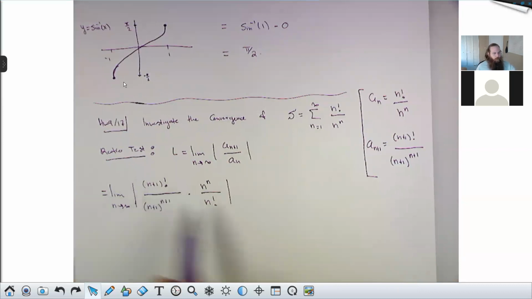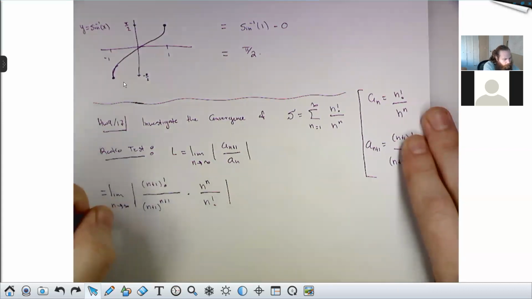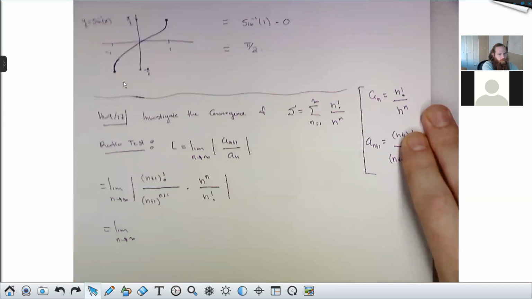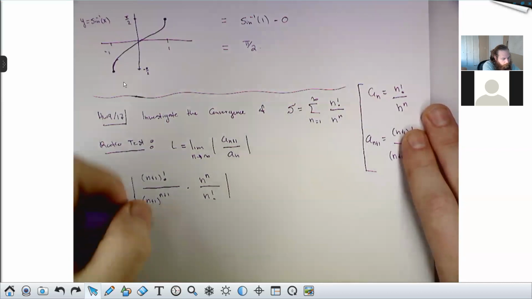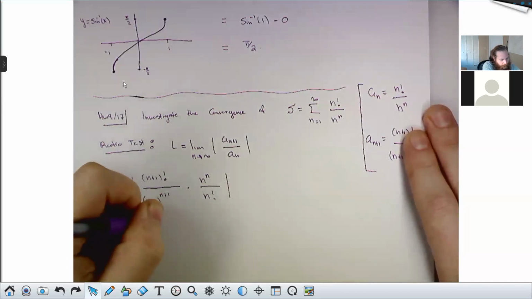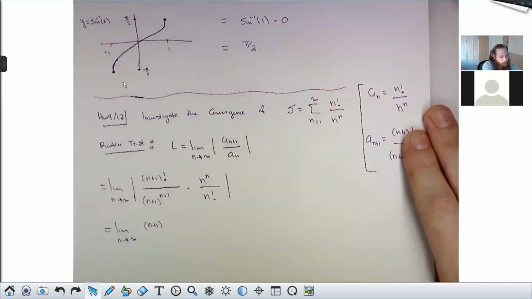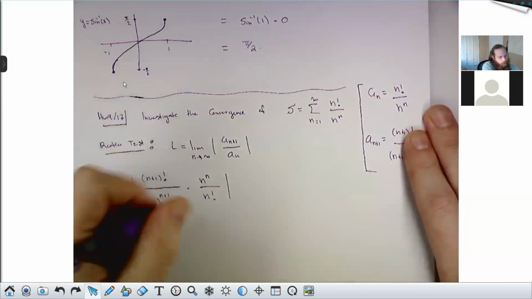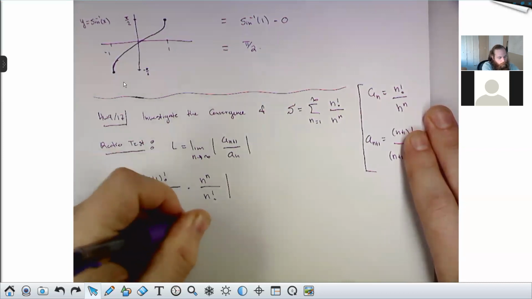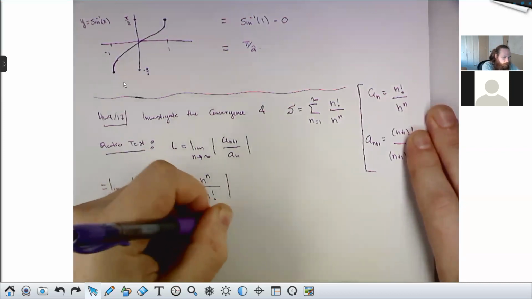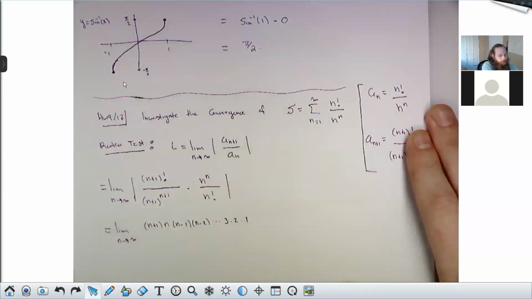I'm going to group the factorial terms together and the n to the n terms together. Or maybe even before then, let's see. Everything here is positive, so I can forget the absolute values. (n+1) factorial is n plus 1 times n times n minus 1 times n minus 2 all the way down to 3 times 2 times 1.